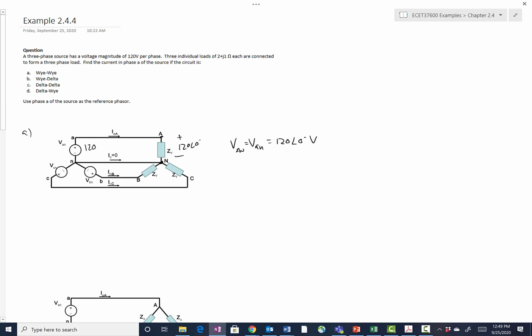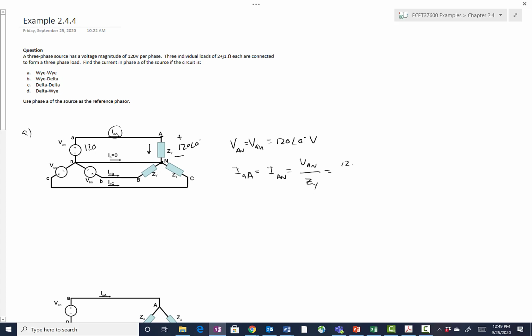So if we want to know the current flowing here, that's also the current flowing here, so we just need to know what the current flowing through the load device is. So IA is going to be equal to IAN, which is VAN over ZY.